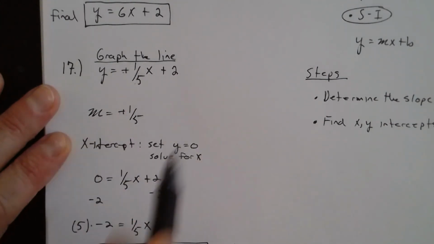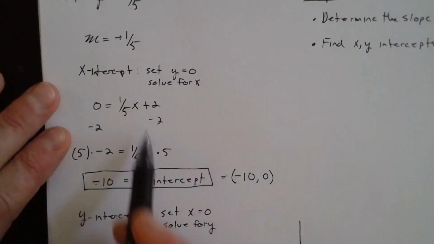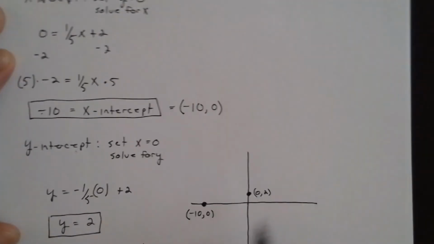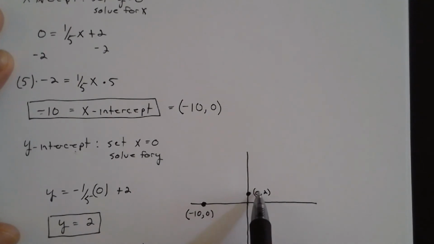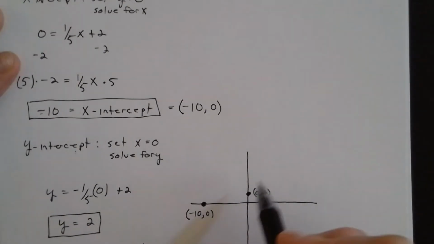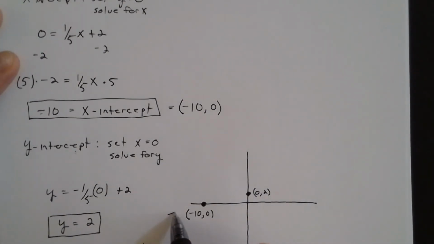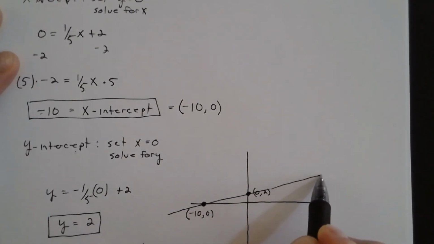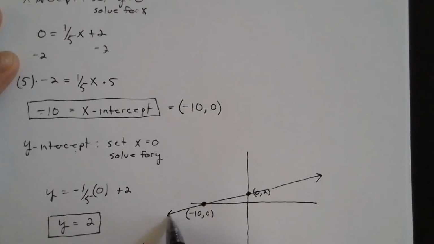So m is plus 1/5. Okay, so our slope is what? It's 1/5, and so we just connect the points.